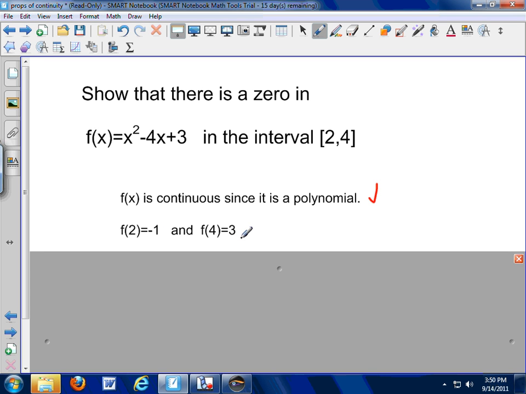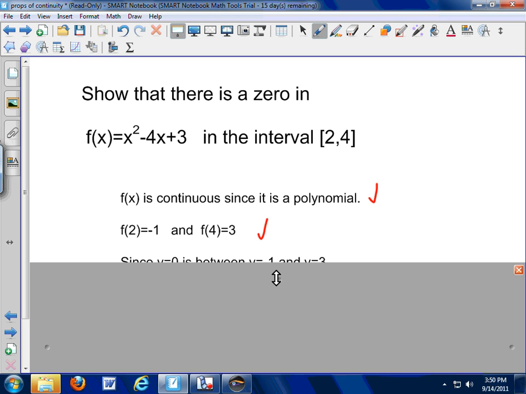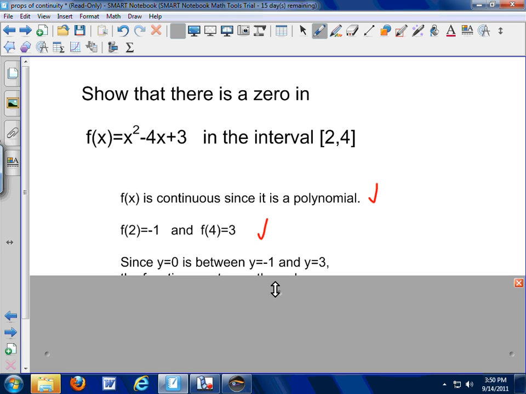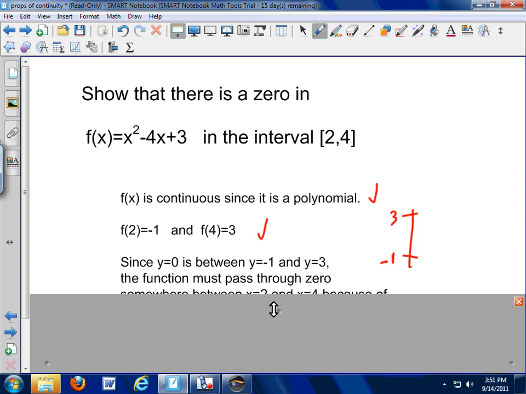We're trying to show that there's a 0 somewhere between 2 and 4. So y equals 0 is between y equals -1 and y equals 3, right? I can't get from -1 to 3 without passing through 0, can I? The function's got to pass through 0 somewhere between those.